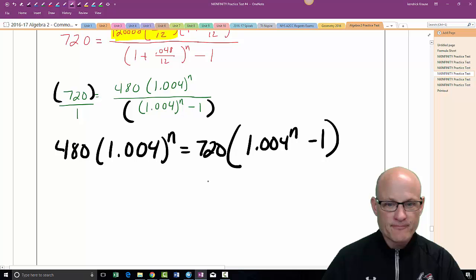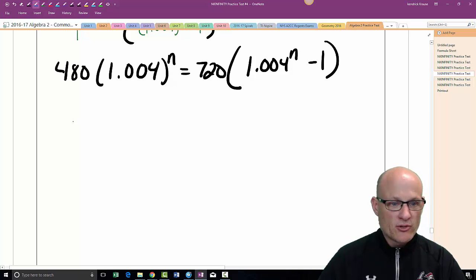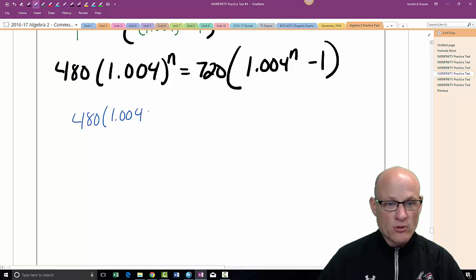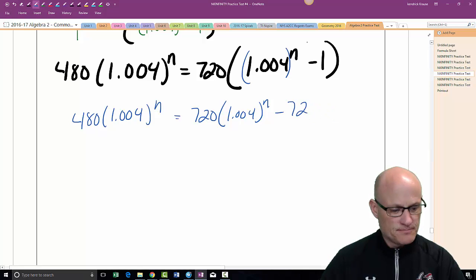So I'm going to distribute that 720. 480 times 1.004 to the n equals 720 times 1.004 to the n, minus 720.